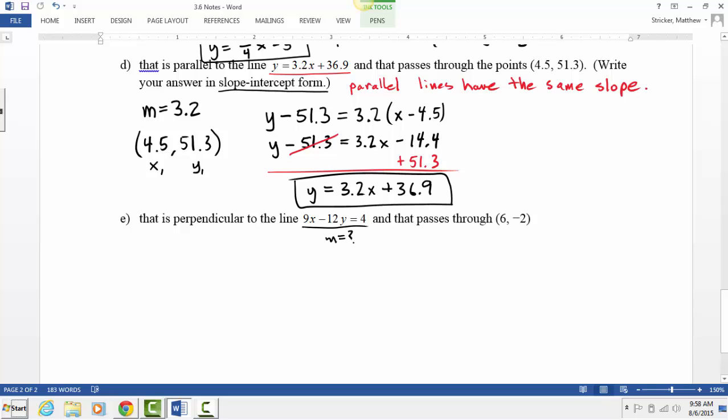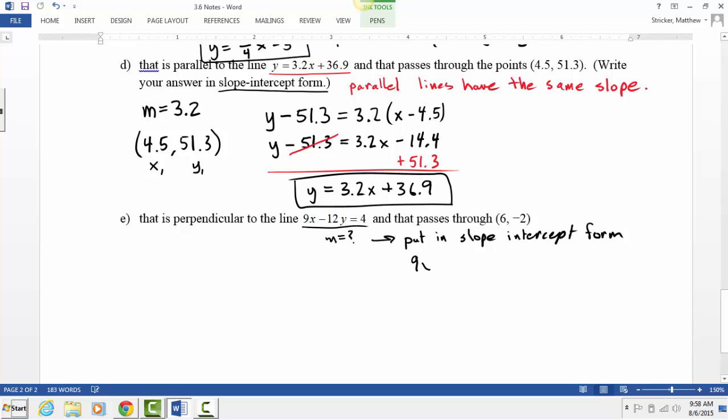Well, to do that, what do we need to do? We need to take that line and put it in slope-intercept form so we can tell what m is, because right now we have no idea what m is.